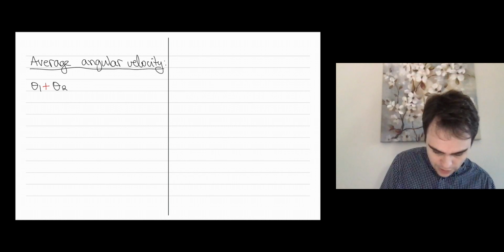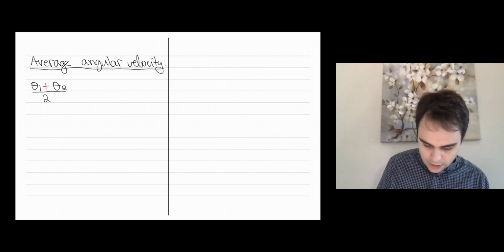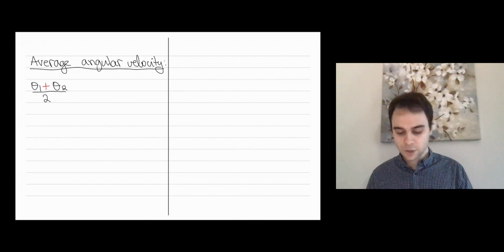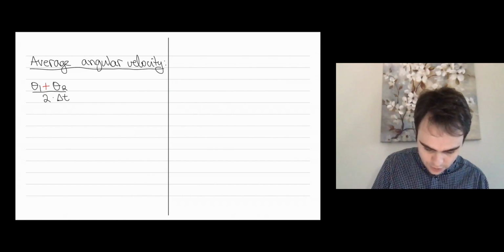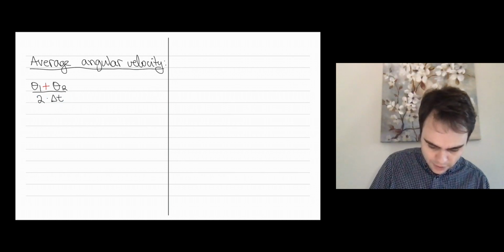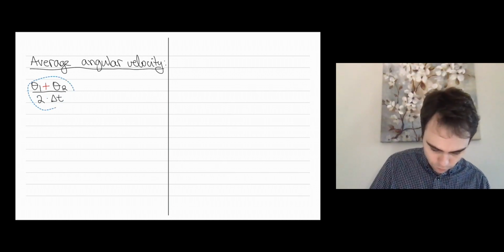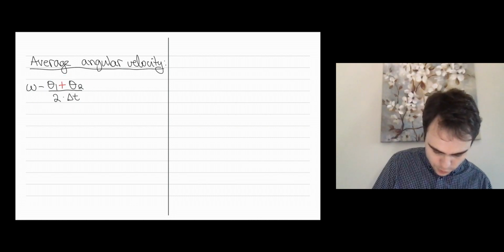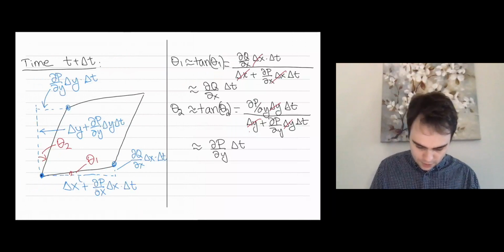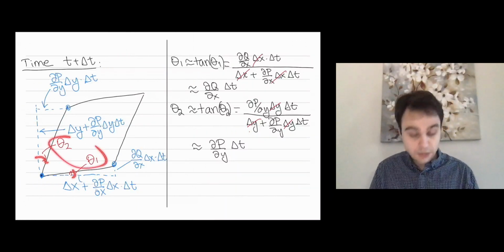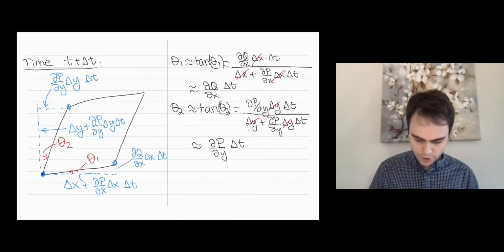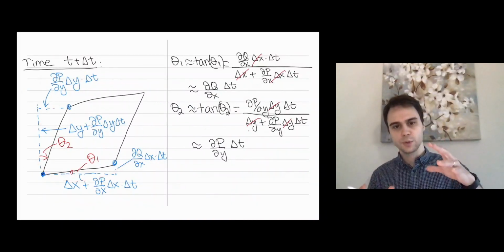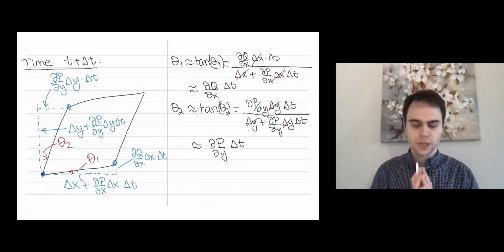So first you take the average angle of rotation, so add the 2 and divide by 2, and then you divide by delta t, right? So the average angle of rotation divided by the time. Take the average of these two angles and then divide by delta t. That tells you how fast this thing which was originally a rectangle is rotating.